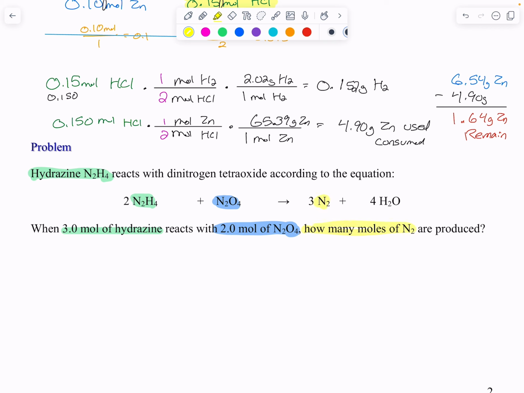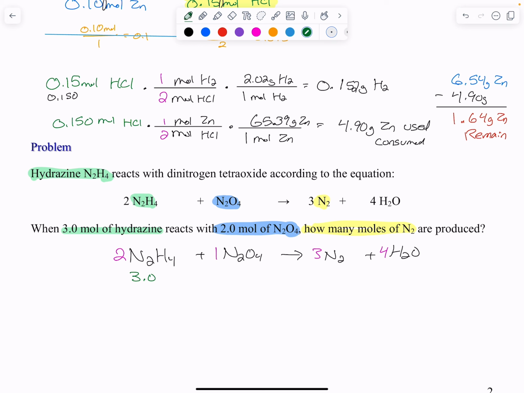All right, so if we do this, I like to do this, N2H4 plus N2O4 goes to N2 and H2O. 2, 1, 3, 4. We have 3.0 moles, and we have 2.0 moles.